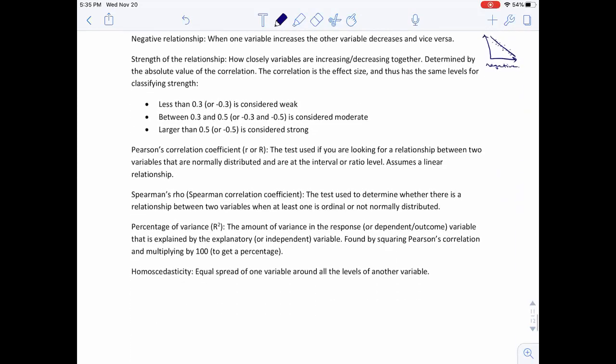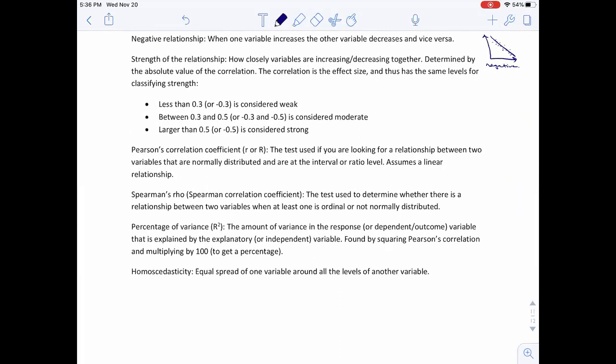So we've got some options here, right? Depending on what type of data we have, we'll be able to pick which correlation coefficient we should be using. For Pearson's correlation coefficient, we have to have a relationship between two variables that are normally distributed.